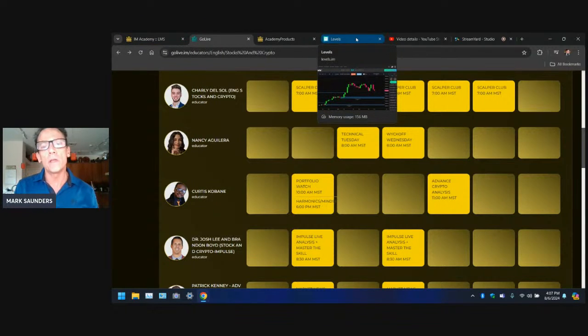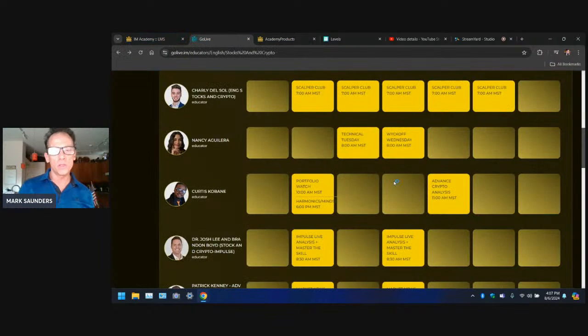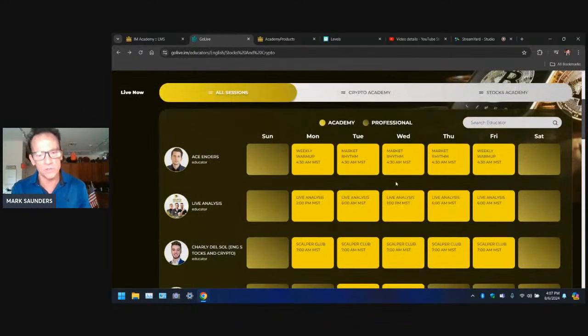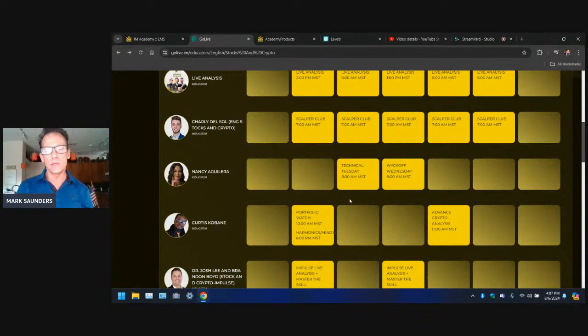But if you want to start getting a position, being around these educators is one of the best things you can do for yourself, because you can ask them questions and you're learning about everything. There's thousands of digital assets. How do you know which one you want to invest in? Just Bitcoin, or do you want to invest in other things?